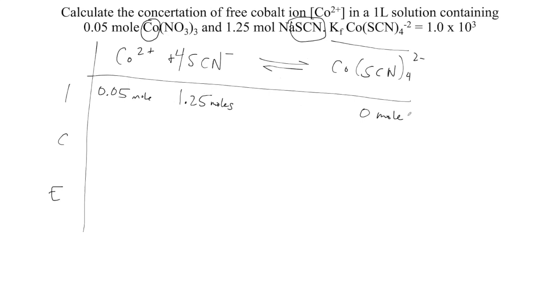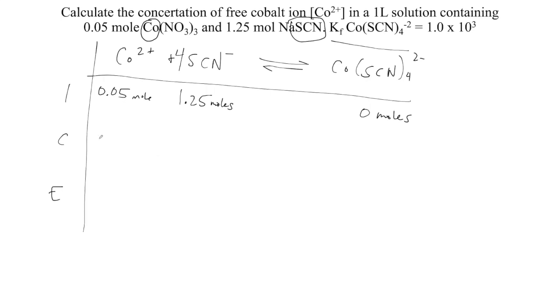So to start off, we would have 0 moles of our complex. And then for this calculation, we're basically just going to assume that whatever the limiting reactant is just going to react fully. And from that, we'll be able to determine how much of the complex is formed. So here, because cobalt is the limiting reactant, we have the smallest amount of cobalt.